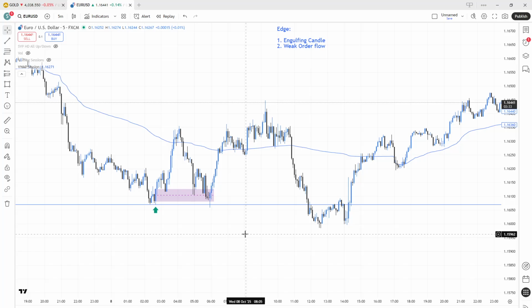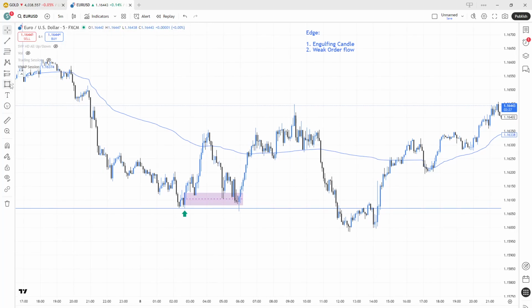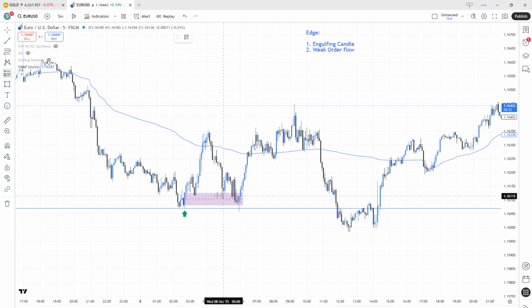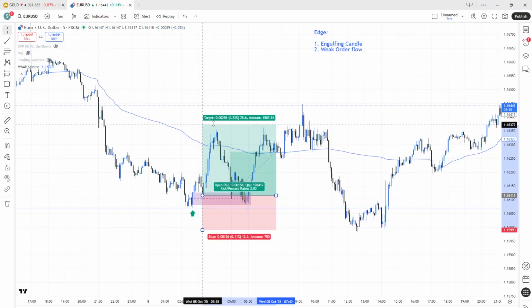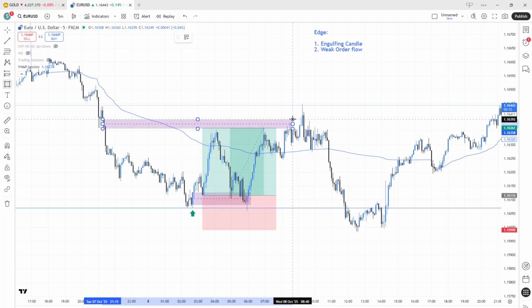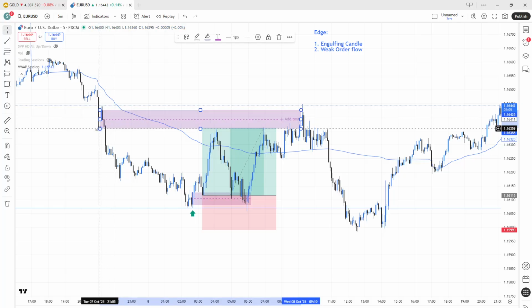So I took a trade yesterday right here, and my target again right here, this low before the high. Always be mindful of that. Or I can say the whole thing right here.